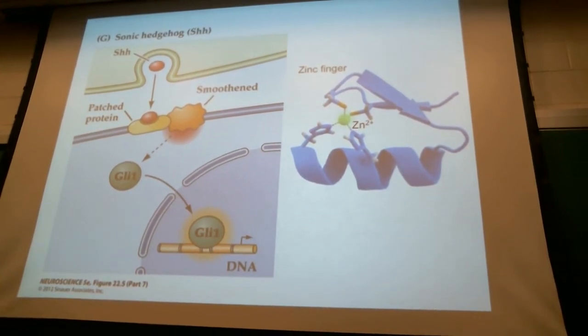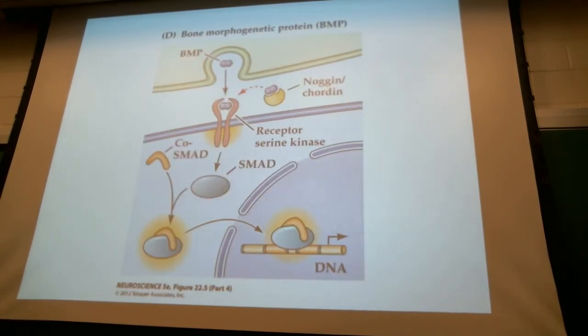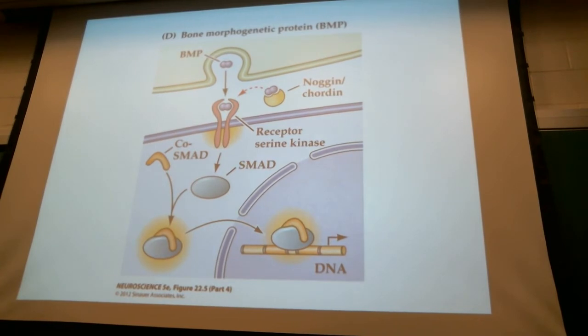What about the dorsal part? The dorsal part has another morphogen called bone morphogenic protein, or BMP.